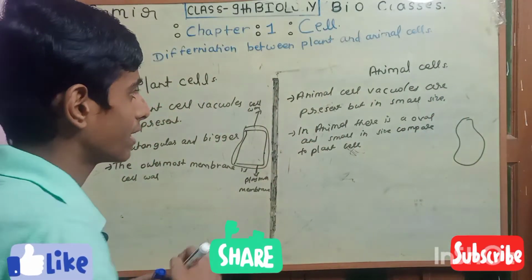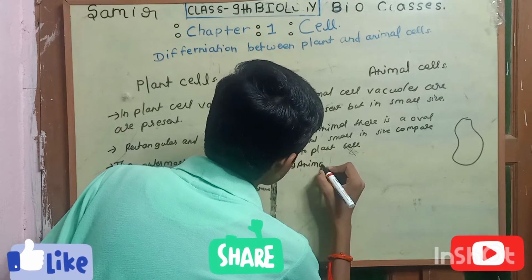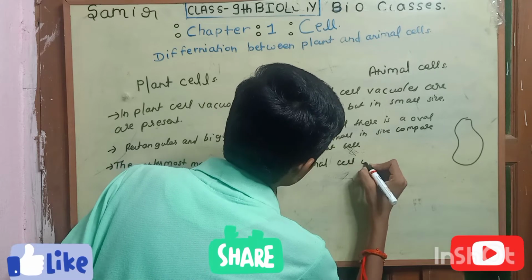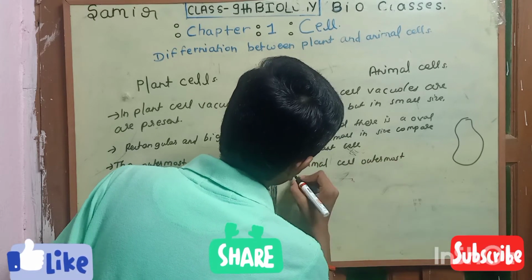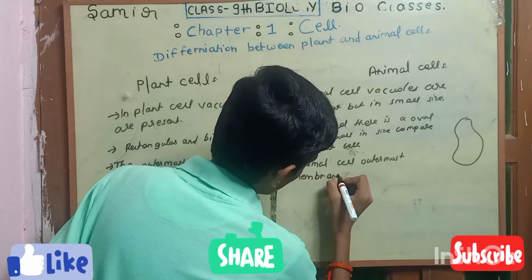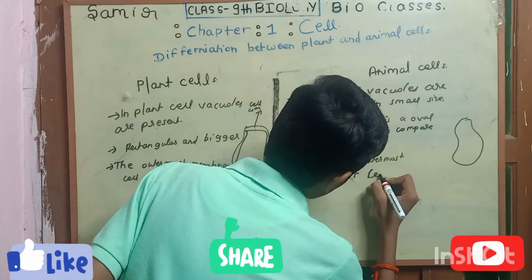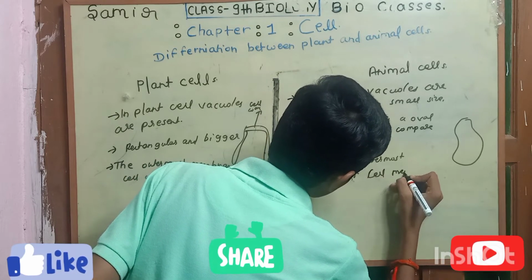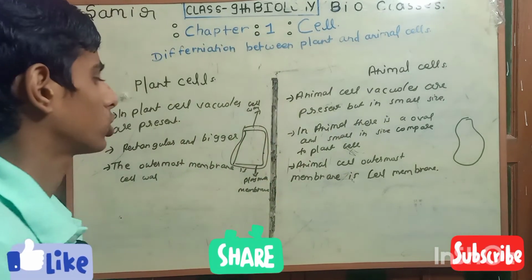And in the animal cell, the outermost membrane is the cell membrane.